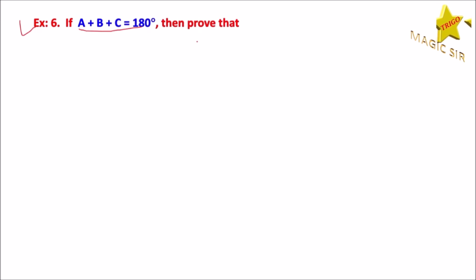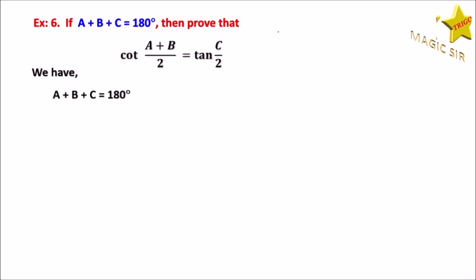Example 6. If A plus B plus C is equal to 180 degrees, then prove that cot of A plus B upon 2 is equal to tan C by 2. Here given that A plus B plus C is equal to 180 degrees.